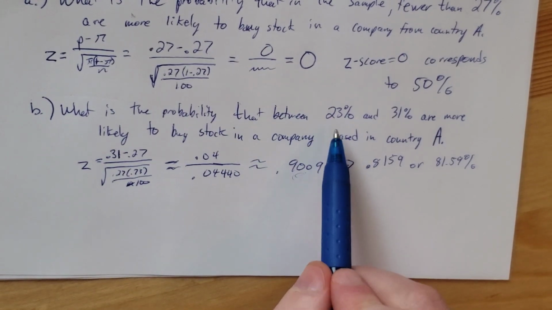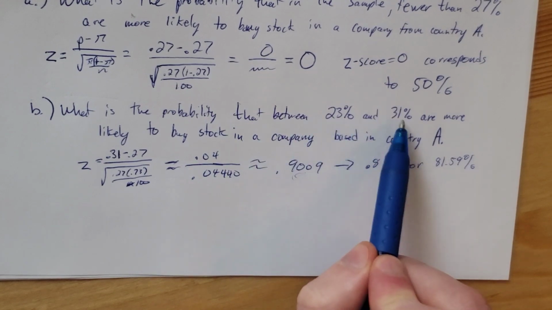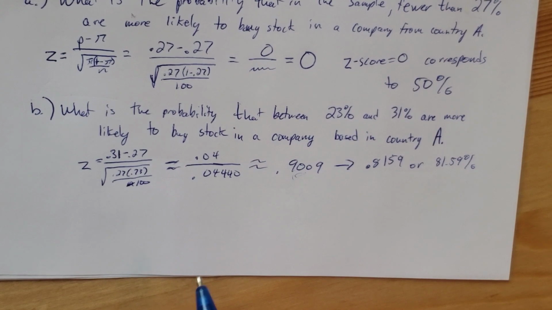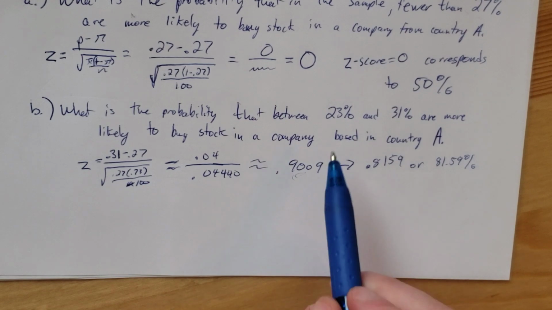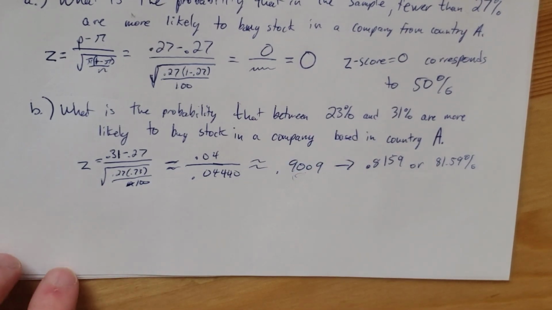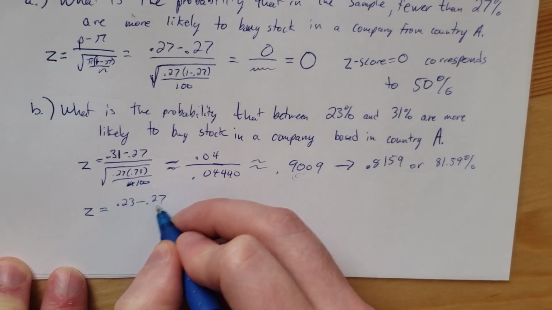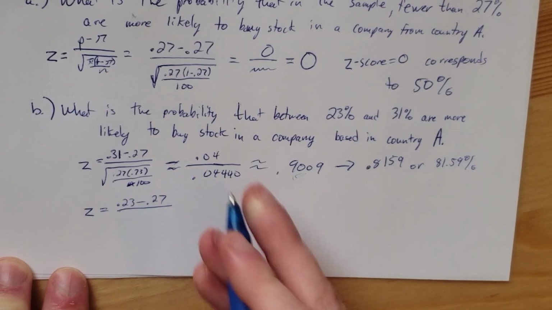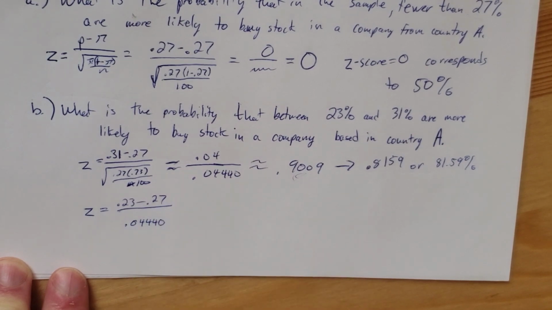Now, if we find the probability that we're lower than 23%, we can find the probability that we're between those by subtracting off the probability related to 23% from the probability related to 31%. So we do the exact same calculation related to 23. Well, this z-score is 0.23 minus 0.27 all over, and the denominator is actually the same as the previous problem, which we calculated as approximately 0.04440. And what is this?